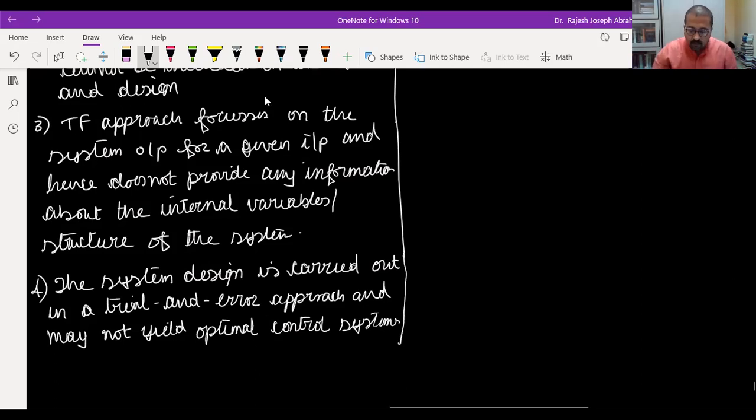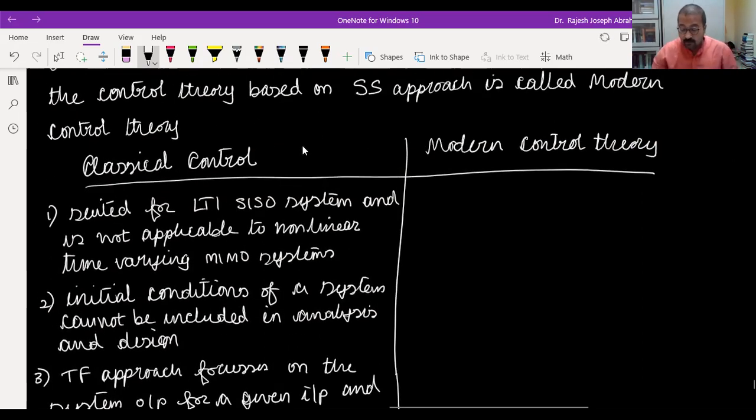So these are some of the cons, or disadvantages, of classical control.